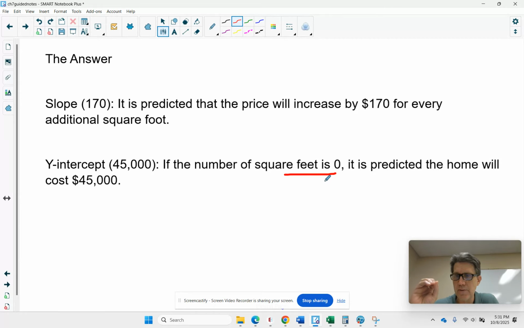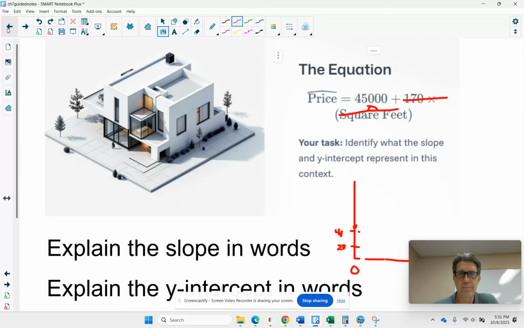If I put in a 0, it is predicted the home will cost $45,000. So if you are asked to explain the y-intercept in words, what you always do is you put in a 0, but you talk about it in context. If the square feet were 0, the price of the home would be $45,000.